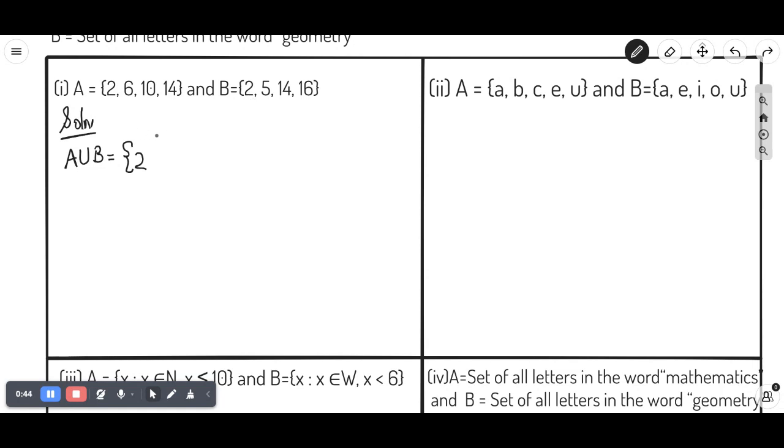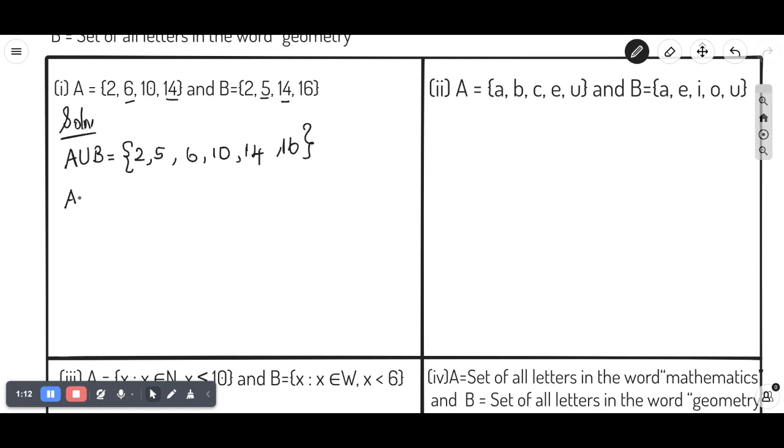Then the next elements are 6 and 5, so let us go in ascending order: 5, 6 and then 10. We have got 10 and 14, so let's write 10 and then 14. 14 is here too, so let's write 14 once, and then here 16. So A union B is nothing but all the elements of both A and B.